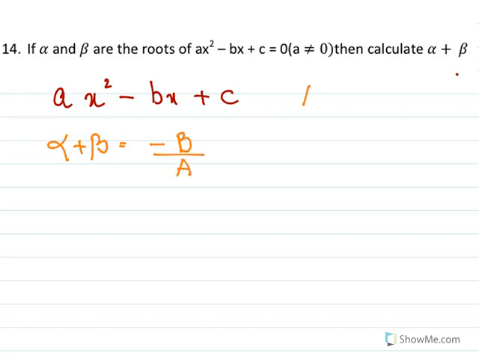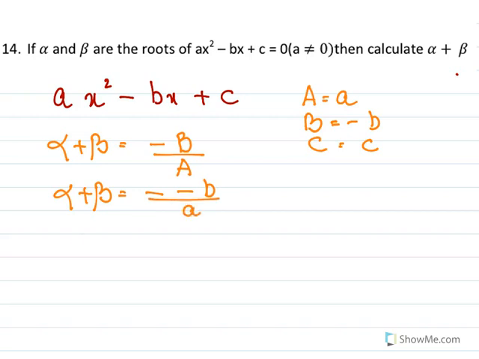Now in this polynomial, the coefficient of x square is a, the coefficient of x is minus b, and c is a constant term. So let's put our values. We have alpha plus beta is minus, b is minus b, so minus of minus b, and our a is a. So alpha plus beta is b by a.